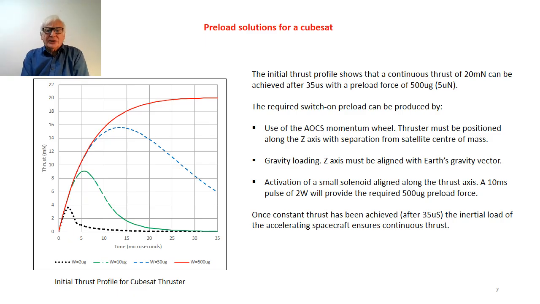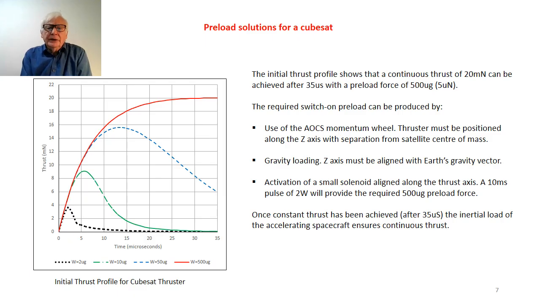But probably the best way of doing this, which avoids having to use the AOCS system at all, is to attach a small solenoid which is aligned along the thrust axis, and in this case for the CubeSat, a 10 millisecond pulse of 2 watts applied to a solenoid will provide the required 500 microgram load.